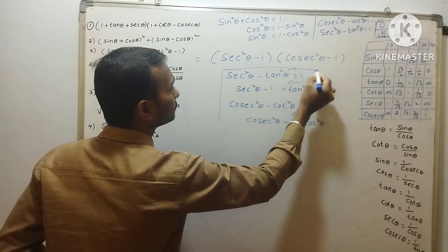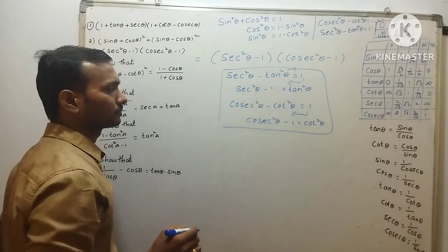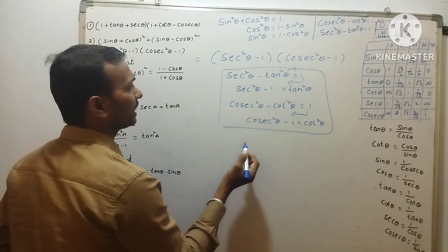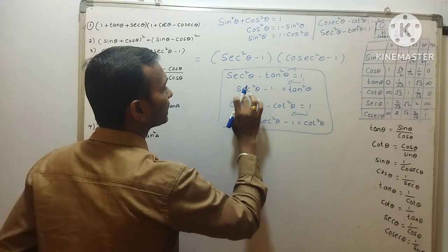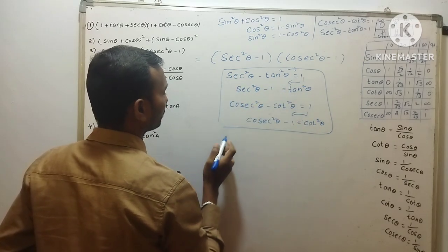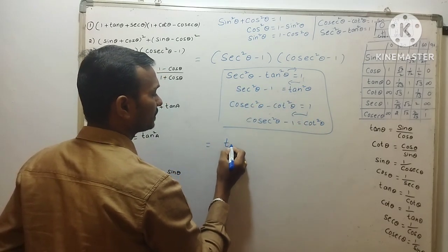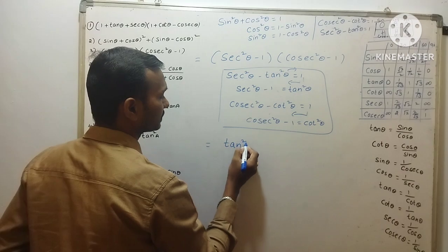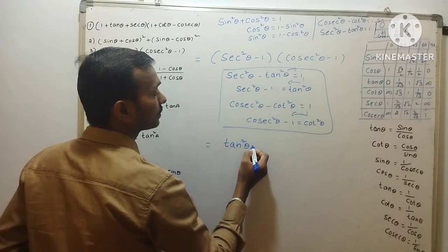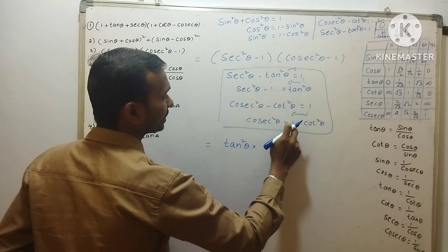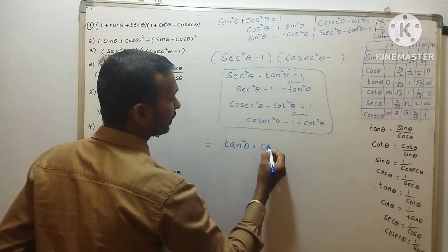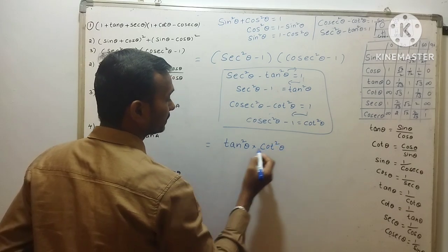So now we can replace secant square theta minus 1 with tan square theta, and cosec square theta minus 1 with cot square theta.